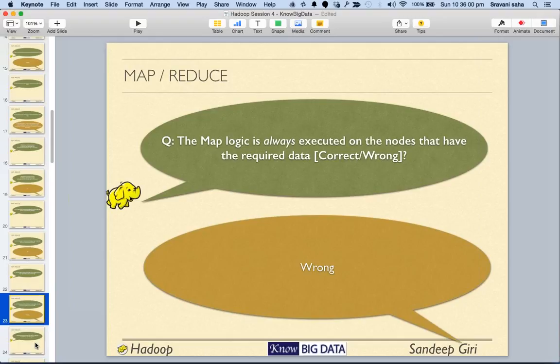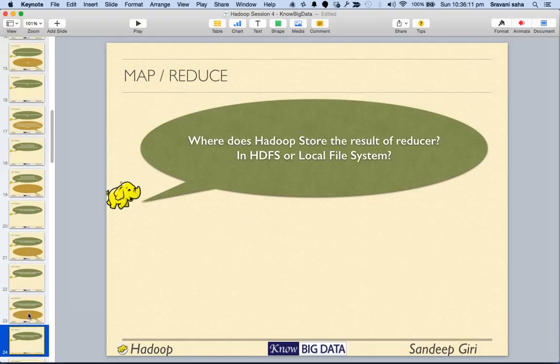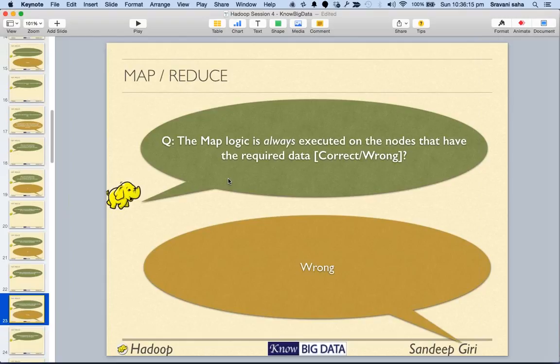All right, so it's wrong. So the question is, map logic is always executed on the node with the data. It's not necessary. Let's imagine that there was one node containing your data, data node A, which is humongously busy, and you want to churn this data.